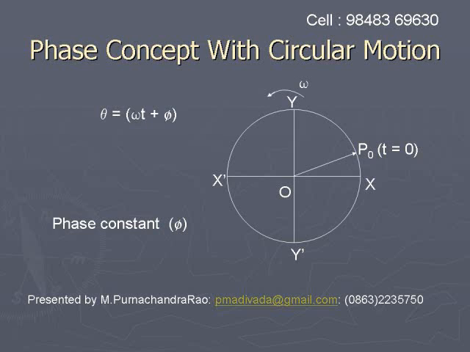But at time t is equal to 0, the position of the radius vector is OP0. It is making an angle phi with OX, the reference line. So this is initial phase or phase constant. The angle subtended by OP0 with OX is phi. This is known as phase constant or initial phase.